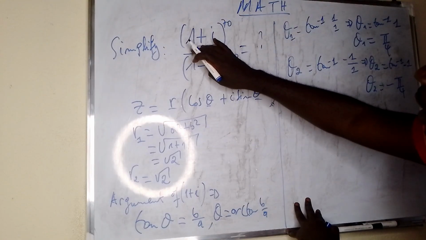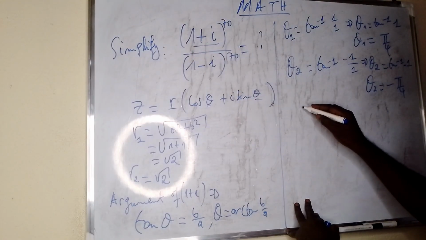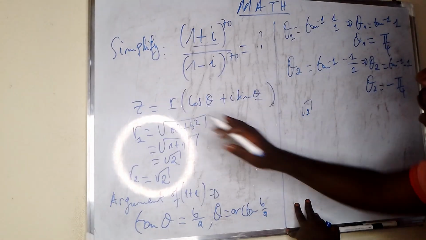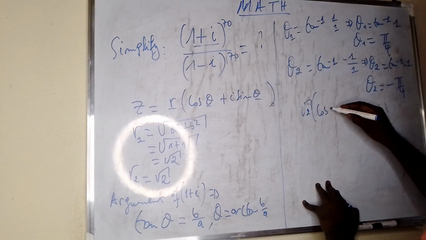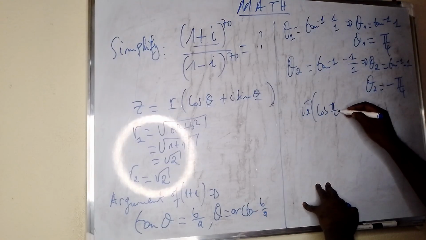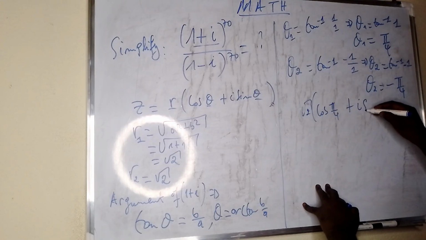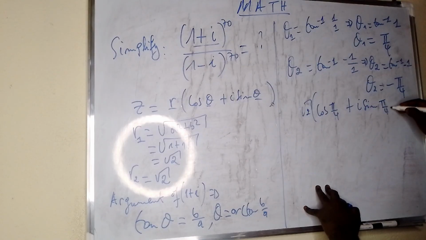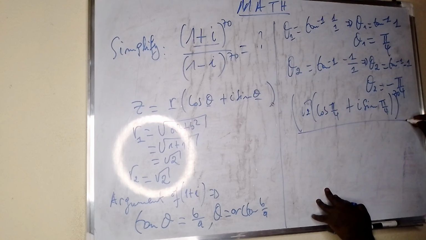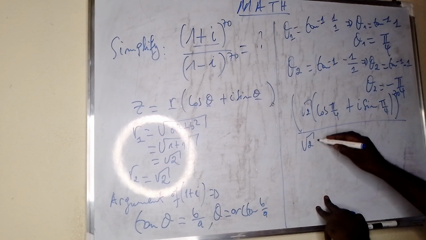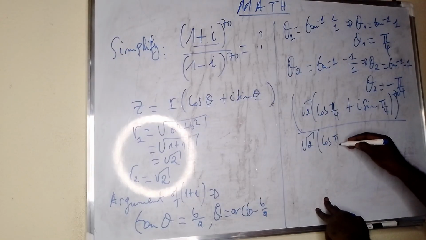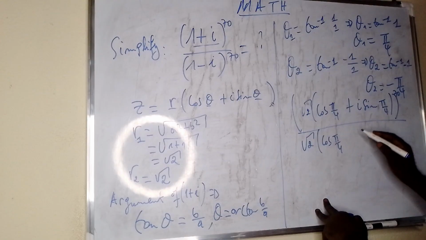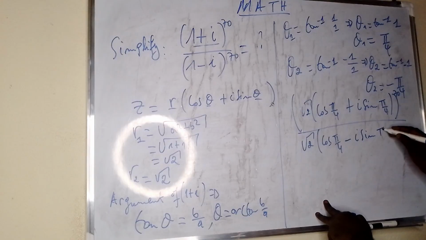Now, the trigonometric form of the upper one is root 2, which is r, times cosine of pi over 4 plus i sine of pi over 4, then power 70, divided by also root 2 times cosine of pi over 4 minus i sine of pi over 4, then power 70.